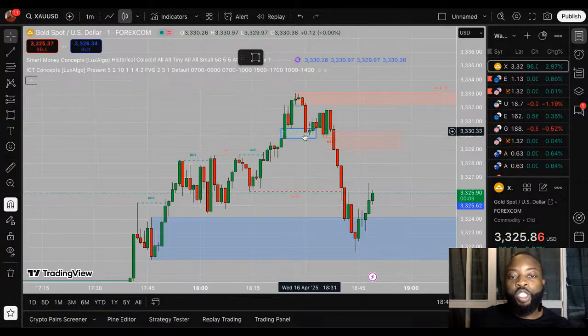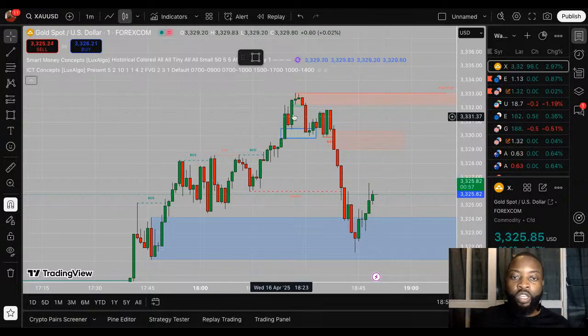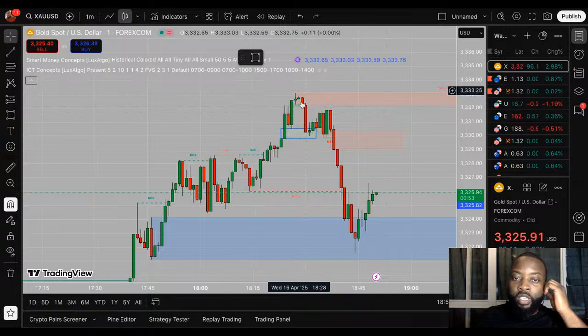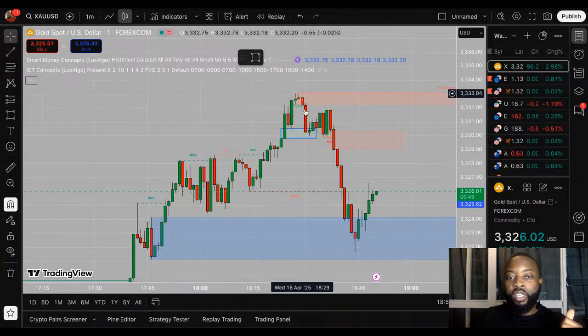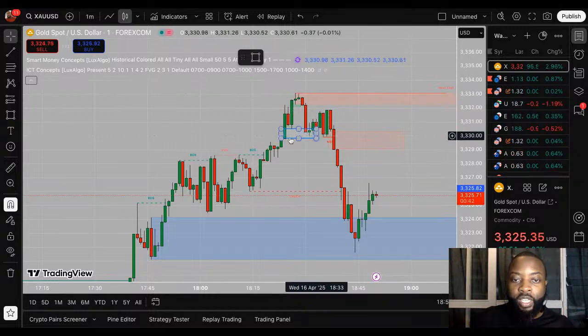But when the market reaches this level and comes back up, what do they think? They think it's still going to go up. But now, for us, we are looking for what? Accumulation, manipulation, distribution. So this is the accumulation. There was here a manipulation. You can see the market showing a fake breakout. Now we need to wait for a distribution. Can you see this drop here? So now we have this distribution. The market is showing us it's done manipulating, it shows a distribution.